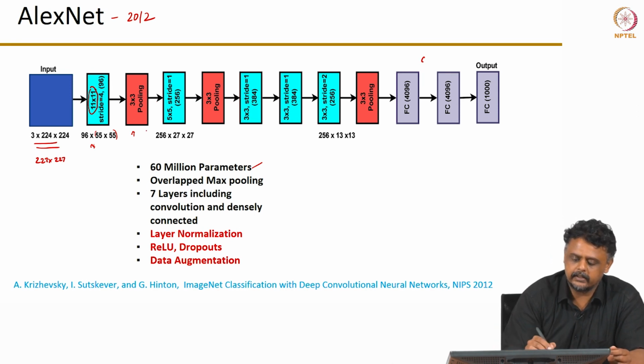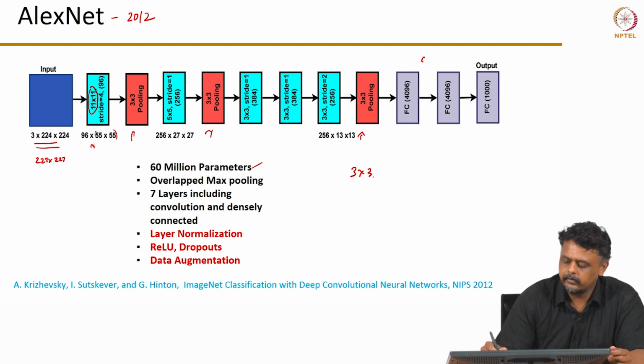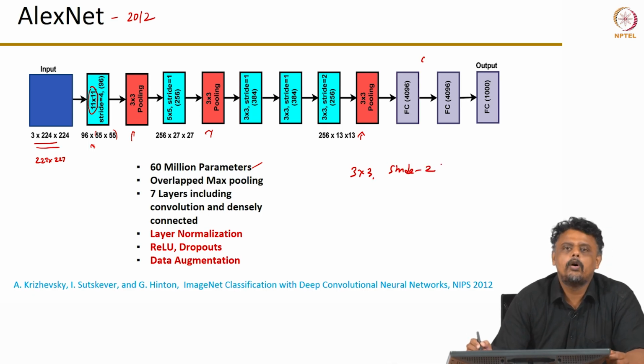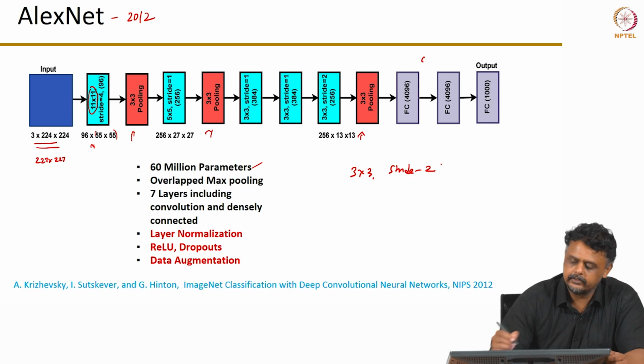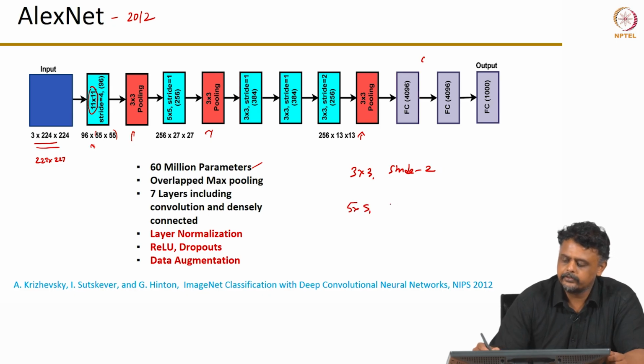So, this is the typical structure. All max pooling operations are 3 cross 3 with a stride of 2, and all the convolution operations are again 5 cross 5 with a stride of 1.